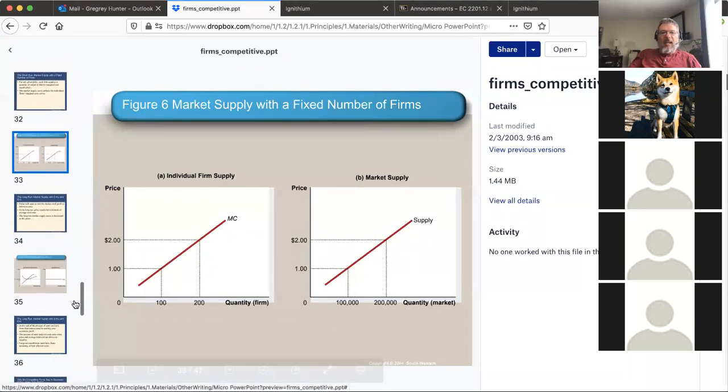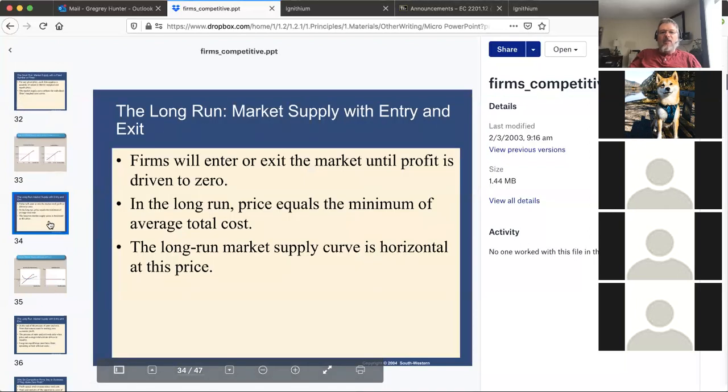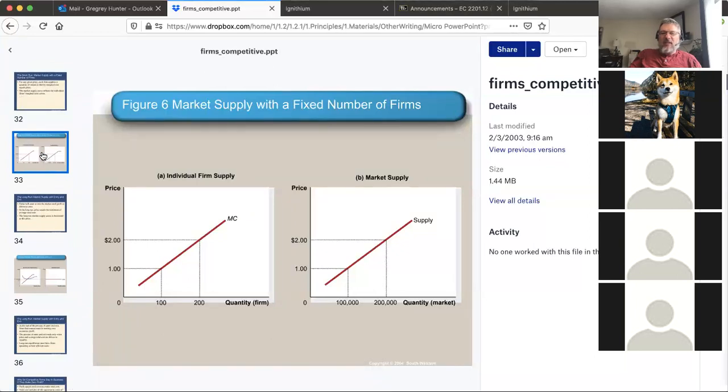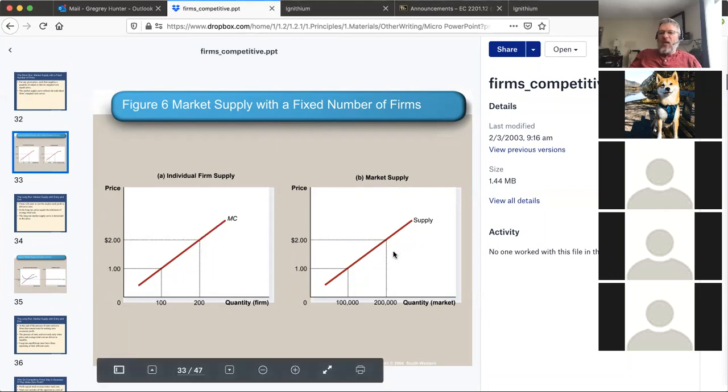Okay. And so, to be clear and make sure that we don't mix things up, this is all talking about supply in general, and particularly the short run supply decisions of the firm.